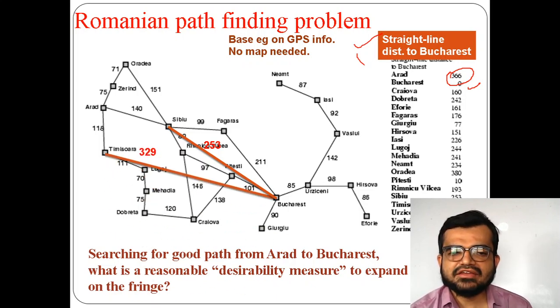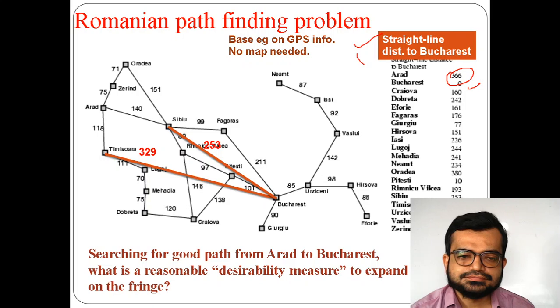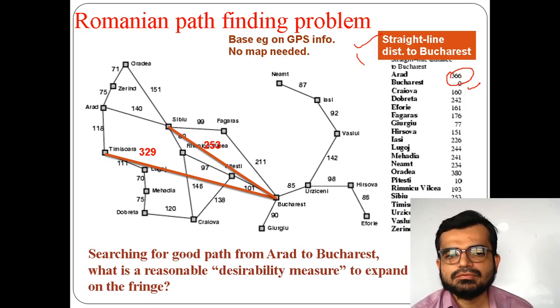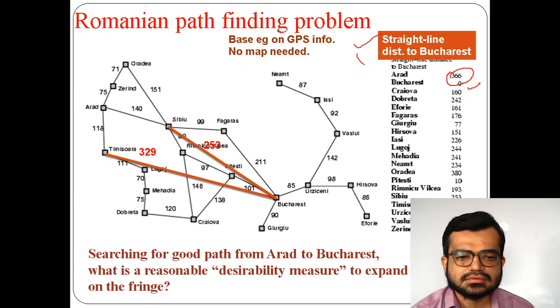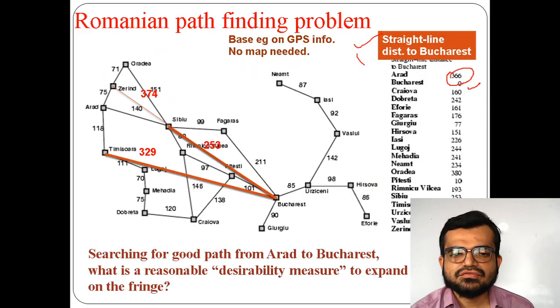And if I am reaching from Timisoara to Bucharest, the aerial distance or straight line distance is 329 kilometers. Similarly, if I am reaching from Zerind to Bucharest, it is around 374 kilometers.